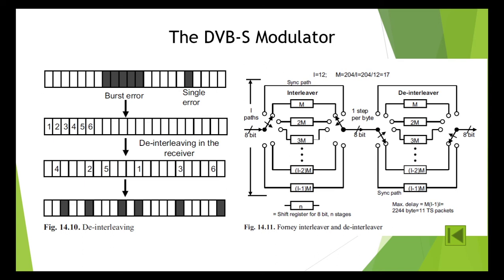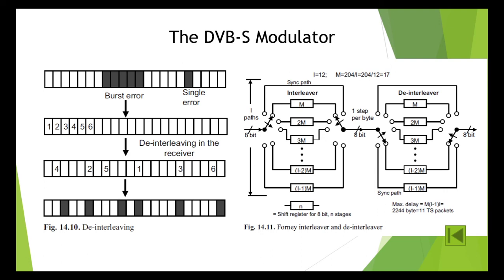In DVB-S, the interleaving is done in a so-called four-knee interleaver, which is composed of two rotating switches and a number of shift registers. This ensures that the data are scrambled and thus distributed as unsystematically as possible. The maximum interleaving is over 11 transport stream packets.